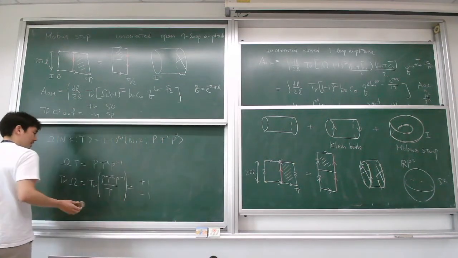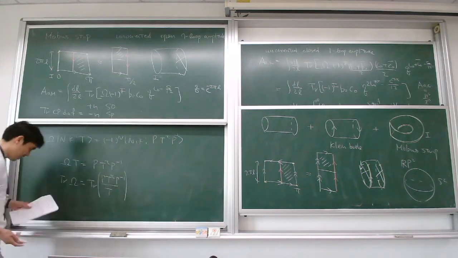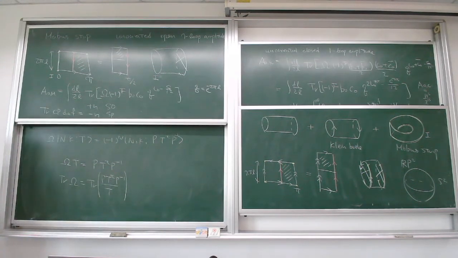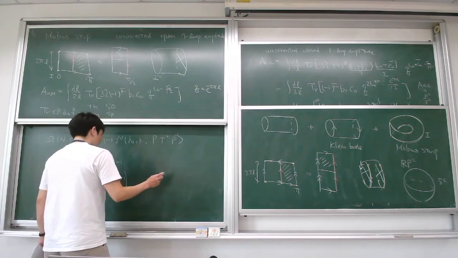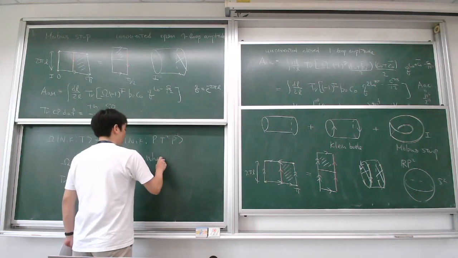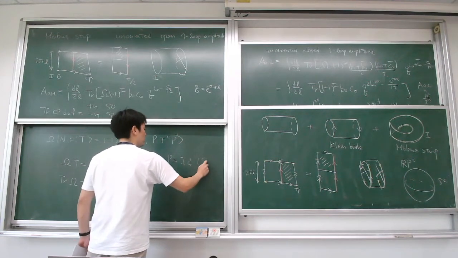This is the case when p is equal to the identity matrix, which is the SO case.